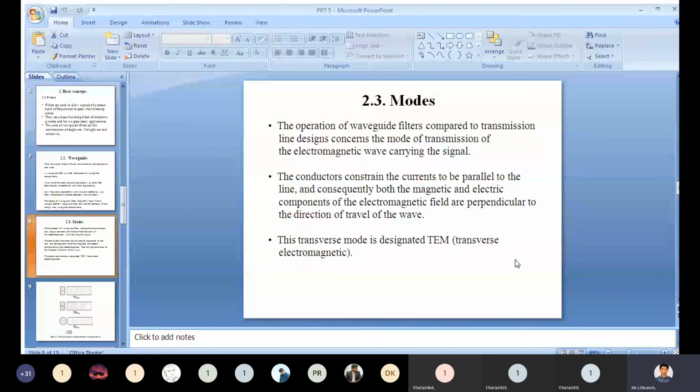This multiplicity of modes can cause problems in the waveguide filter when unwanted modes are generated.